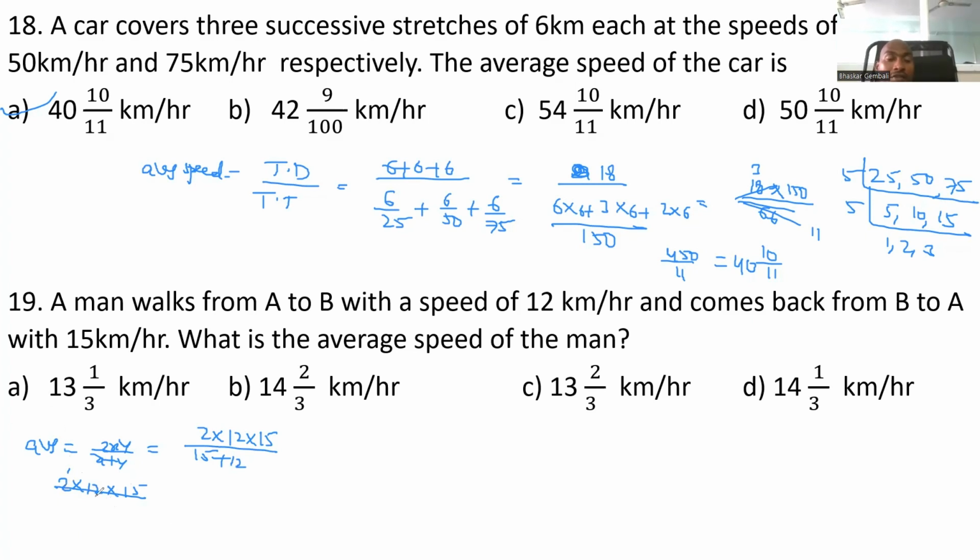So 2 into 12 into 15 by 27. 3 4s are 12, 3 9s are 27. 3 3s are 9, 3 5s are 15. 2 4s are 8, 8 5s are 40. 40 by 3, which is nothing but 13 1 by 3. So the answer is 13 1 by 3 kilometers per hour. I hope everyone understood this.